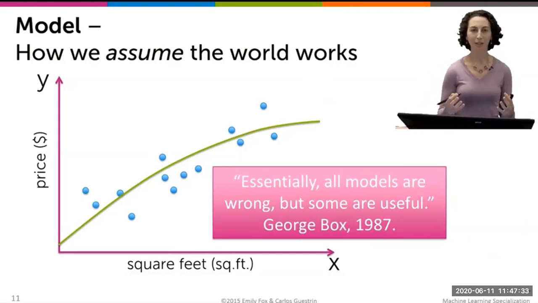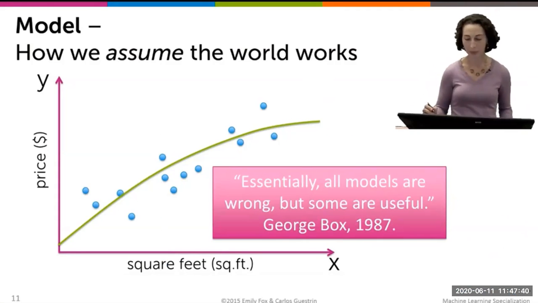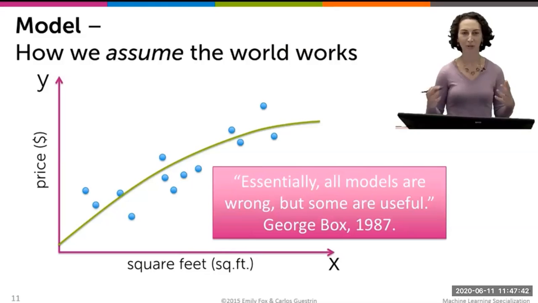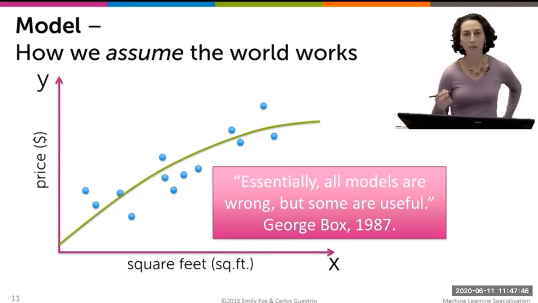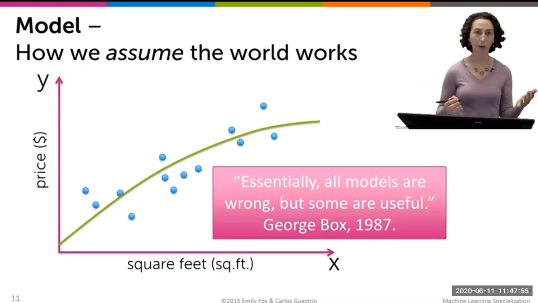It's not going to exactly predict how houses sell just based on square feet, or even if you incorporated other things as well. There are always different idiosyncrasies in how the world works. But models represent some useful abstraction of the relationship between, for example, square foot and price that is useful for a task such as prediction.